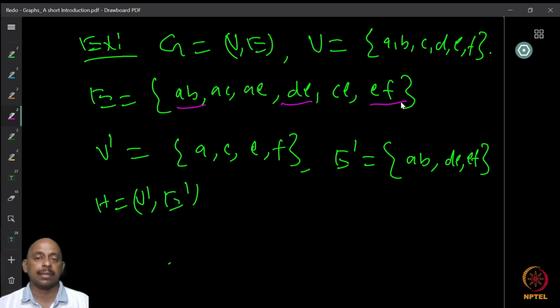Now, why is this? If you have been careful, you should have already noticed it. It is because of our definition of the subgraph. What was our definition?